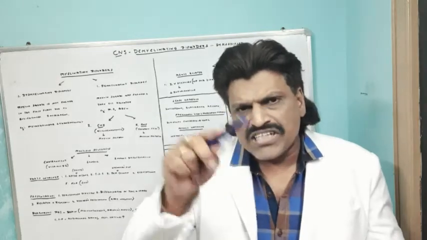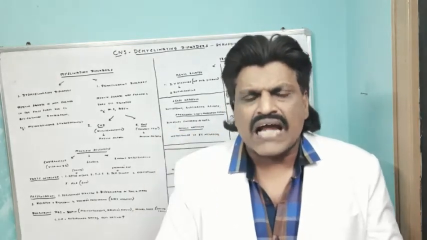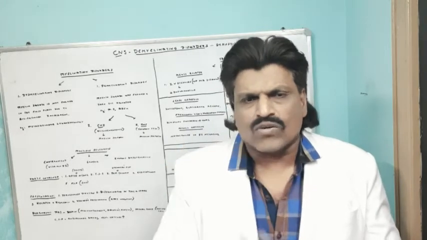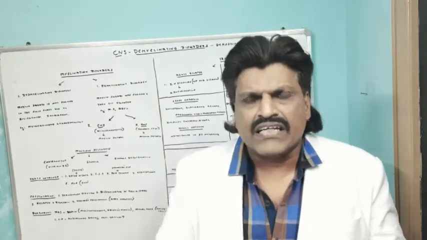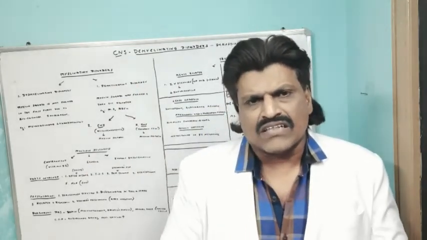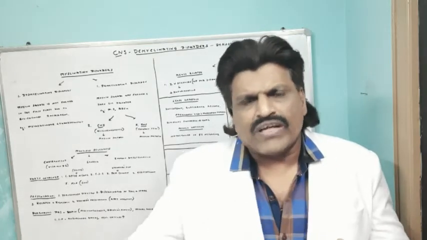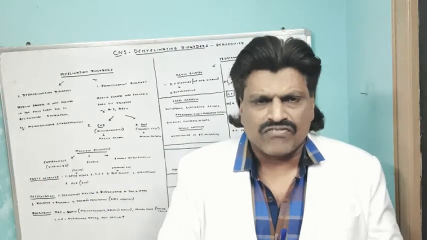Because when the myelin sheath covers the axons, the sodium channels are present at the nodes. So an impulse can jump from one node to the other like a kangaroo, which is called saltatory conduction. It goes very fast, at a tremendous speed, if the myelin sheath is intact.